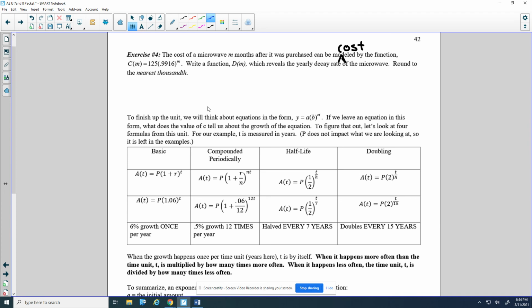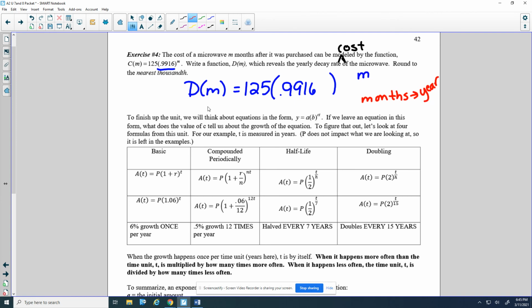It shows a monthly base. So we're going to make D of m, and we could still call it C of m, but I'm calling it a new equation now. Now the variable needs to stay months. So I'm making those spaces so we can still have m for months in here, but it's going to reveal the yearly decay rate. So this is going from months to years. So now we're getting bigger, so the exponent is 12.